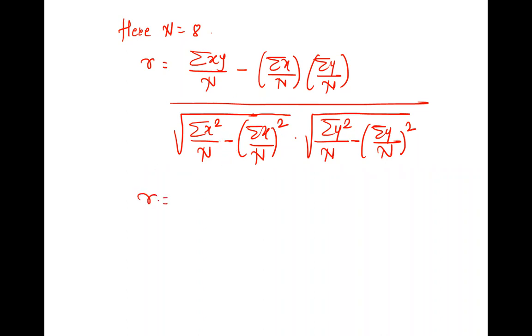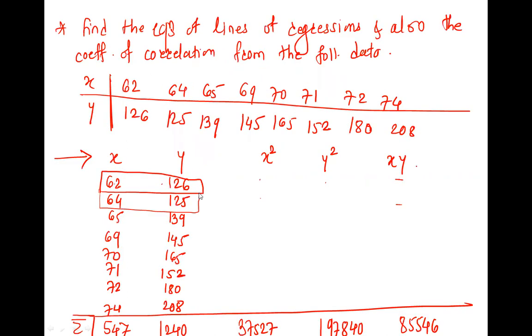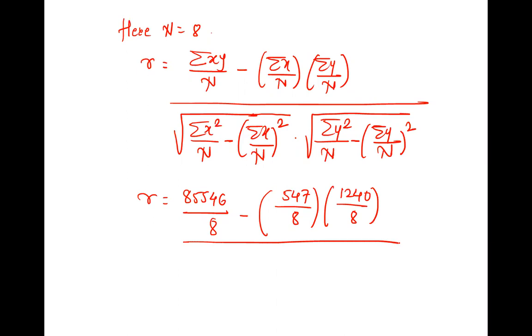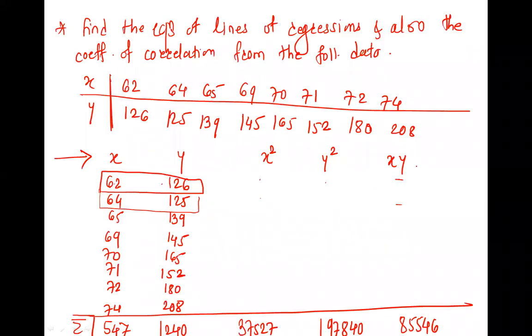Okay, so in that we can now put the values. Summation xy first. What is the summation xy? It is here, 85546, upon n which is 8, minus summation x, 547, upon 8, into summation y, 1240, upon 8. Is this correct? 547? Yes, 1240.